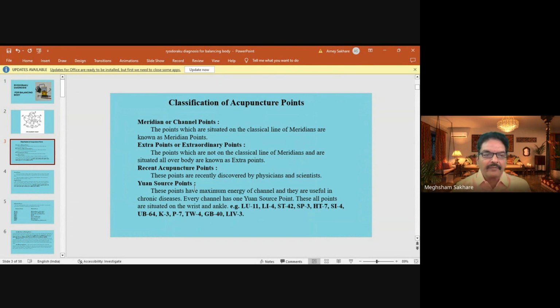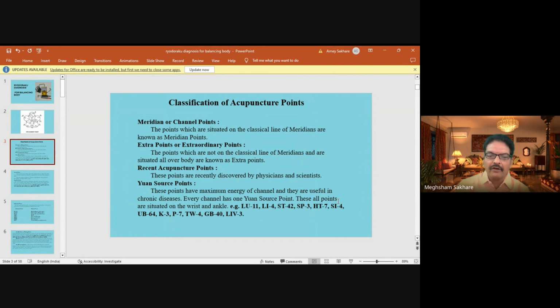And there are also yuan source points, where the maximum energy of the channel is, and they are used for chronic disease. Each channel has one yuan source point, and all these points are situated on the wrist or on the ankle.